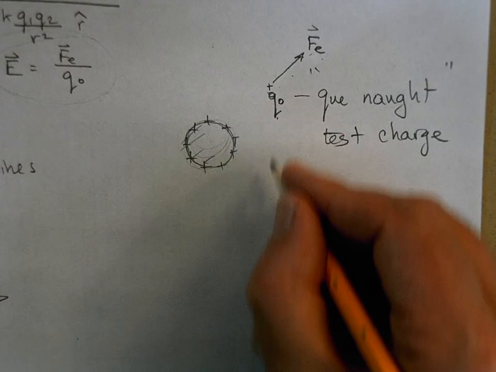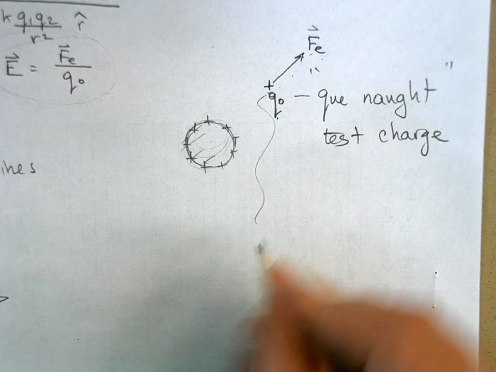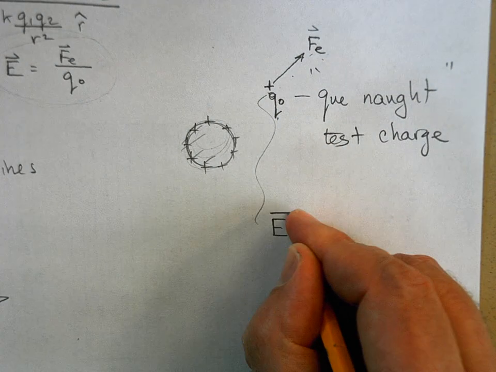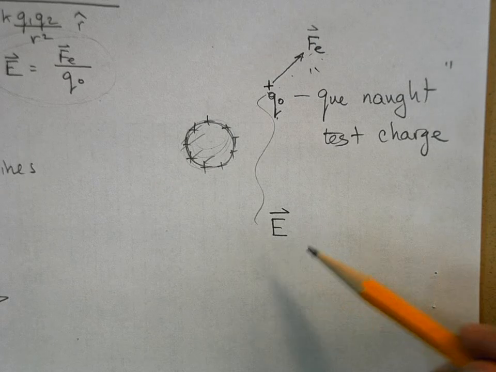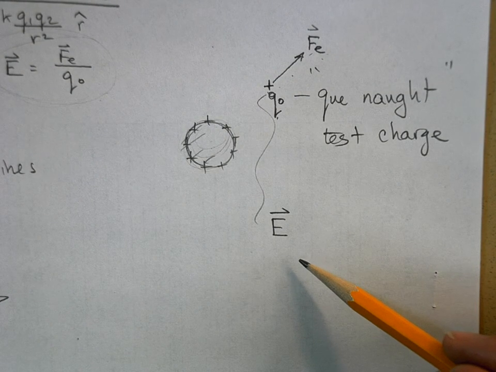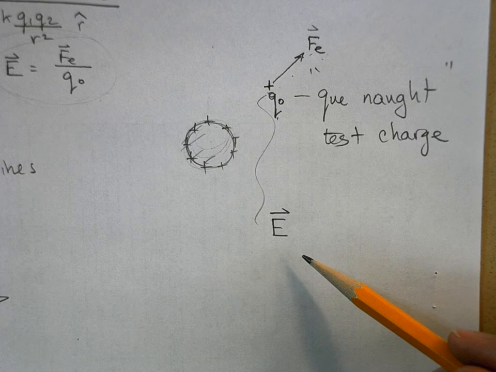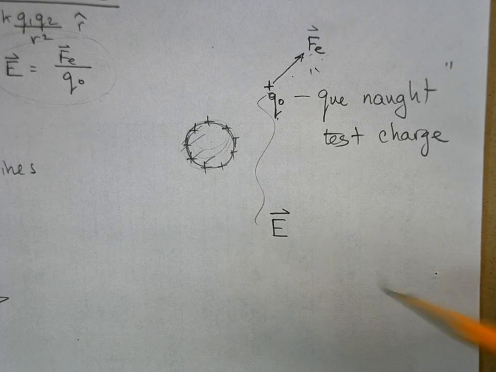Now I define the electric field at this position right here. The electric field, I'm going to call it E with a vector hat. I know we've used the capital E before for mechanical energy. Sorry, now we're going to use capital E to represent the electric field.